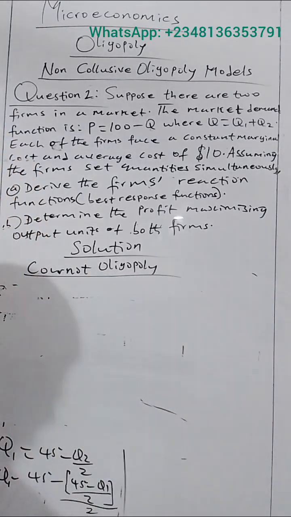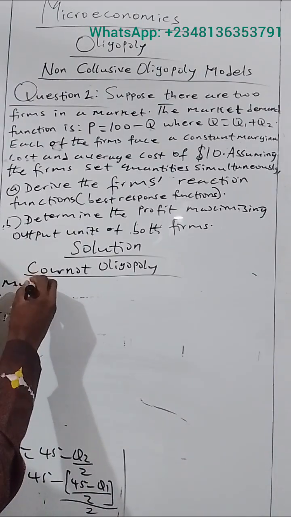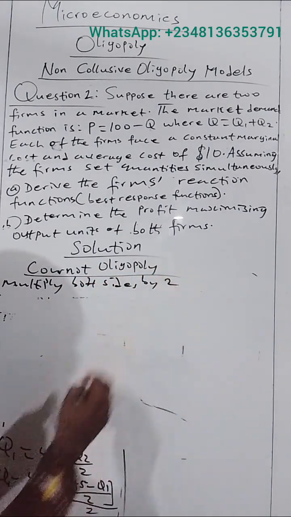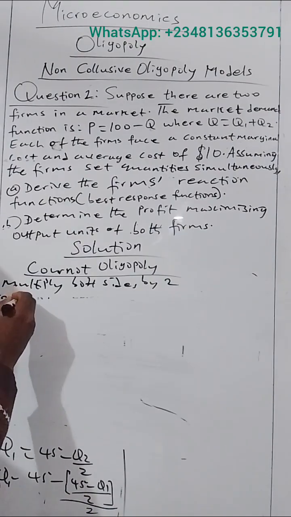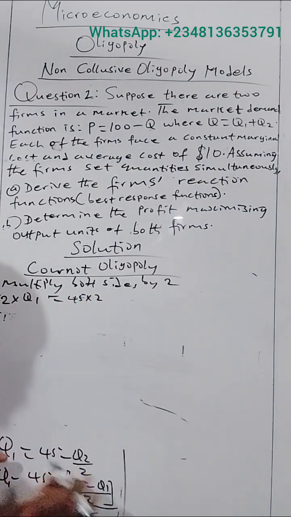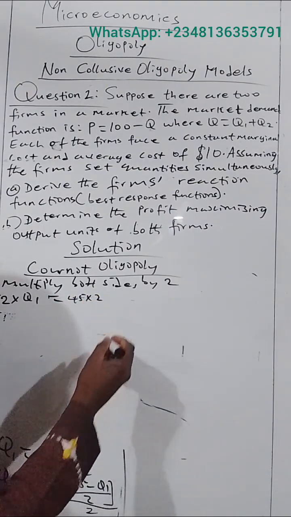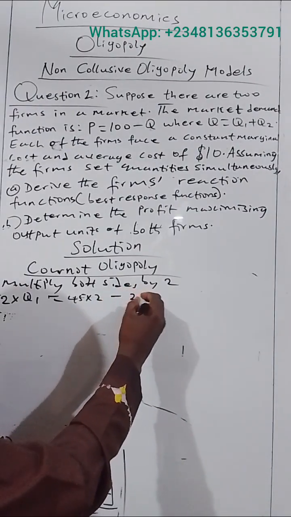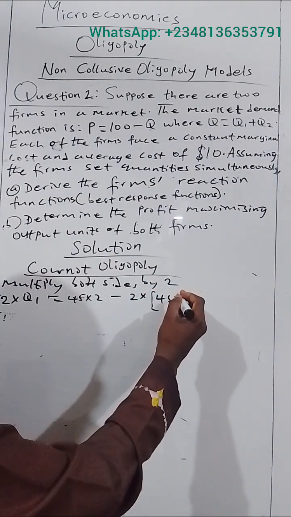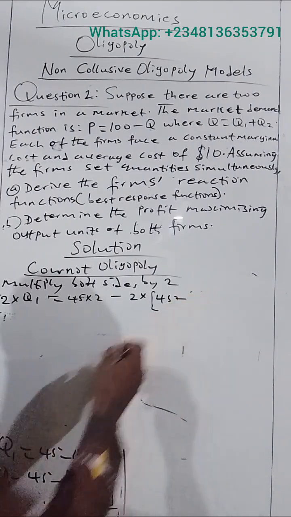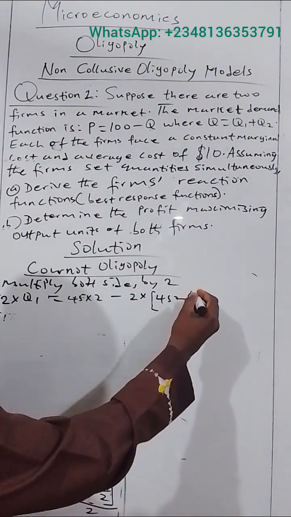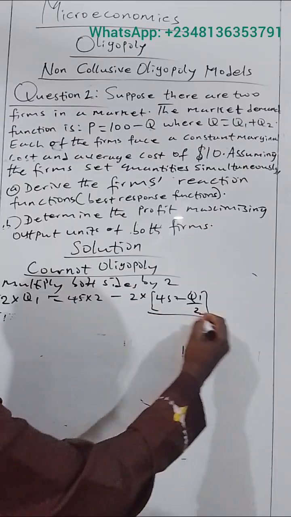Now, if I multiply both sides by 2, I'm going to have 2 multiplied by Q1 equal to 45 multiplied by 2, that is 2 multiplied by 45, then I have minus 2, outside, multiplied by the bracket, 45 minus Q1 over 2, then divided by 2.